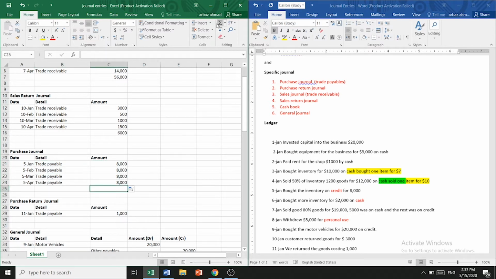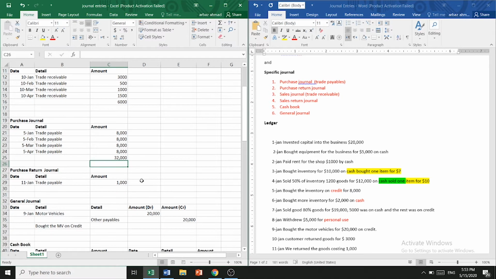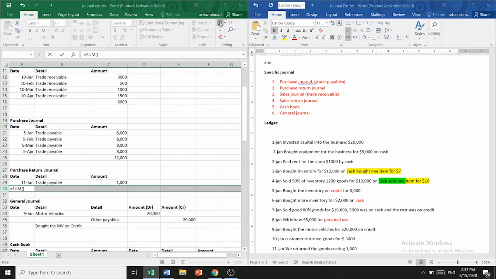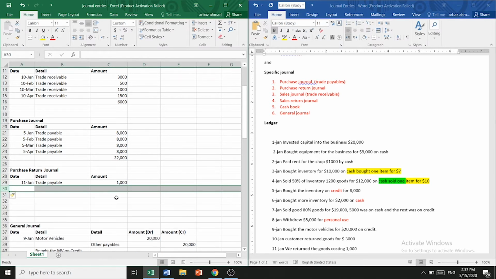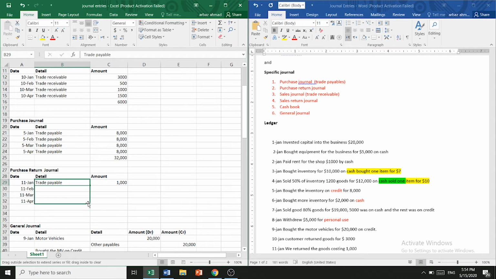So let's say we are buying things for this much amount, and for purchase return we are also going to have this transaction, so we have to. Okay, I hope that's clear so far.